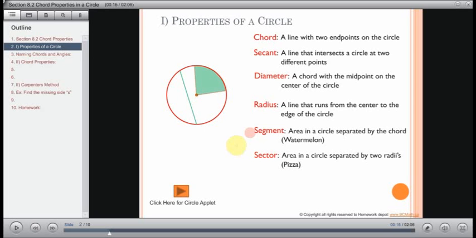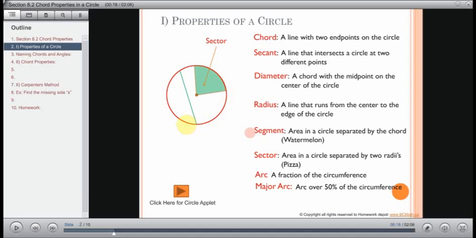Then there are things called arcs. An arc is a section or a part of the circumference of the circle. Circumference, remember, is the distance around the circle. So any part of it would be an arc. There are major arcs, which cover more than half the circle.